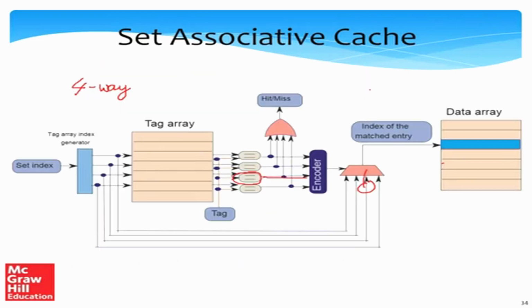The advantage of this design is that it is somewhere in between a fully associative cache and a direct mapped cache. If you consider speed of operation, then clearly a direct mapped cache is the fastest, followed by a set associative cache, followed by a fully associative cache. Now if you consider the hit rate, we have the maximum amount of flexibility in a fully associative cache.